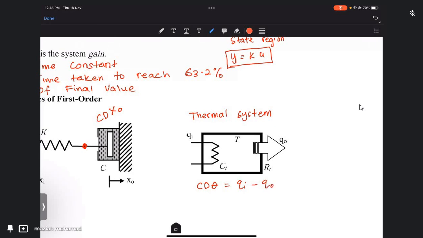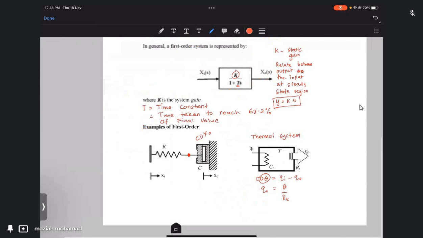The second equation is resistance 1 over R. Q naught is equal to theta over R. So the highest differentiation is d theta here. So this is also example of first order system.